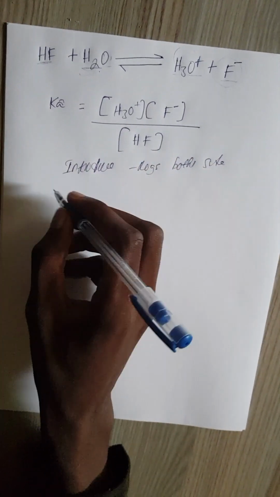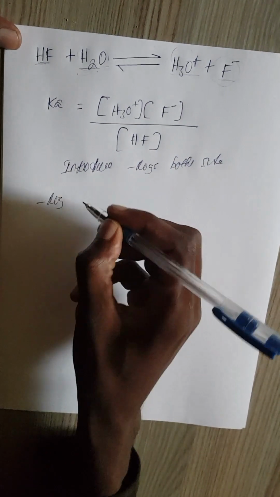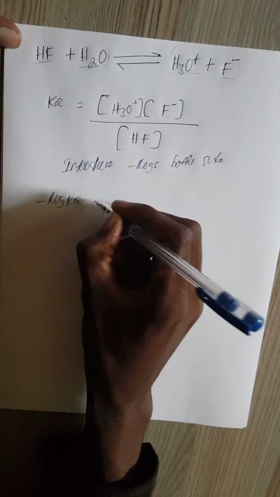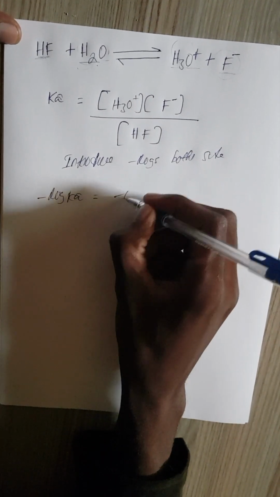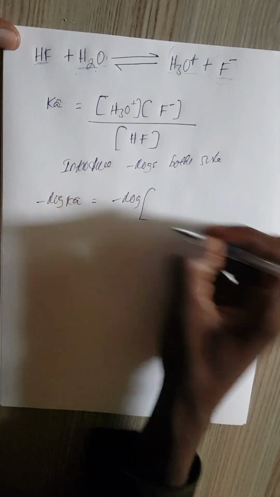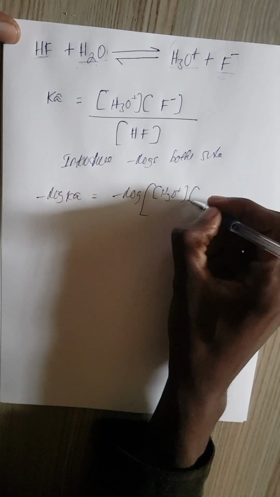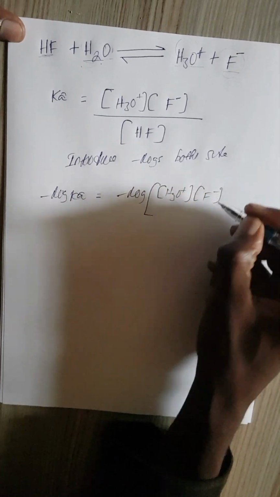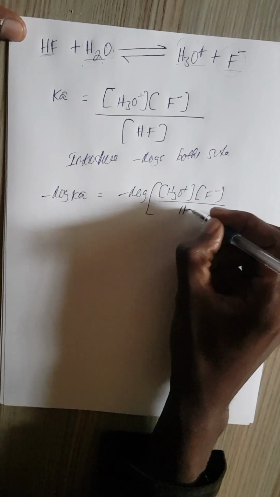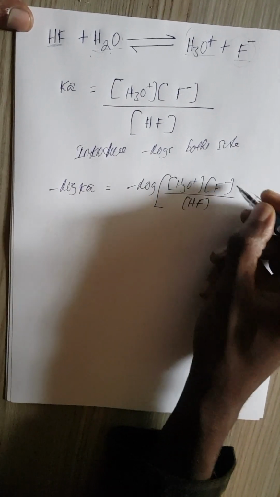What you're going to have is negative log of Ka equals negative log of hydronium ion concentration multiplied by the fluoride over hydrofluoric acid, like this.